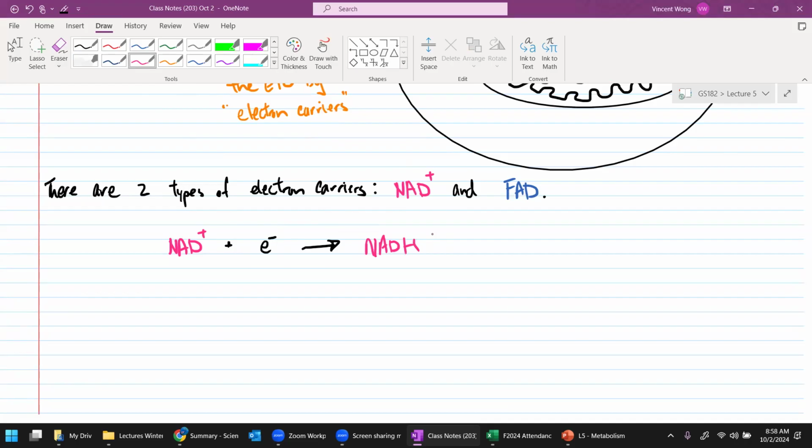So when the electron is picked up by NAD plus, it becomes NADH. I'll give you an analogy in a second. It will help you understand better. If you have FAD and it picks up electrons, it's going to become FADH2. Okay.